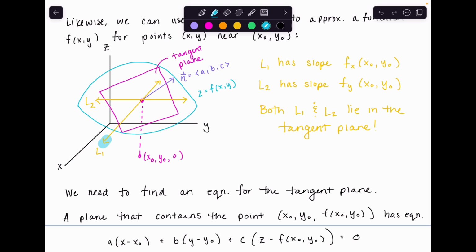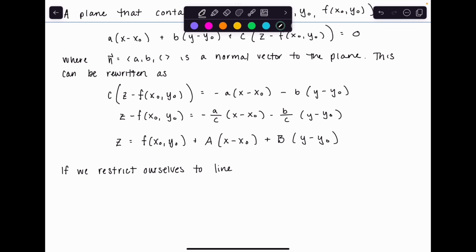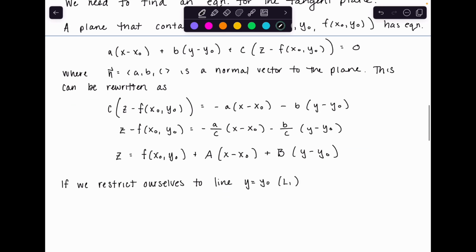So if I look at line 1, because this is parallel to the x-axis, we're really going to let y equal the y coordinate of that point. So it gives us that horizontal line. So if I do that back here, if we restrict ourselves to the line y equals y naught, that is a horizontal line, so this is parallel to the x-axis. That's line 1 in my image.